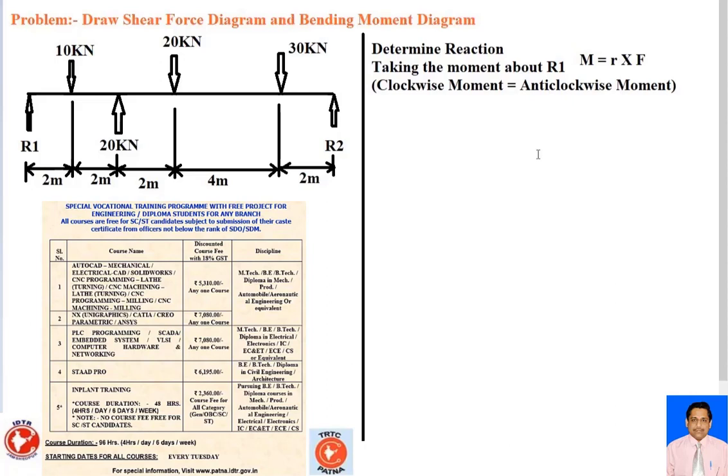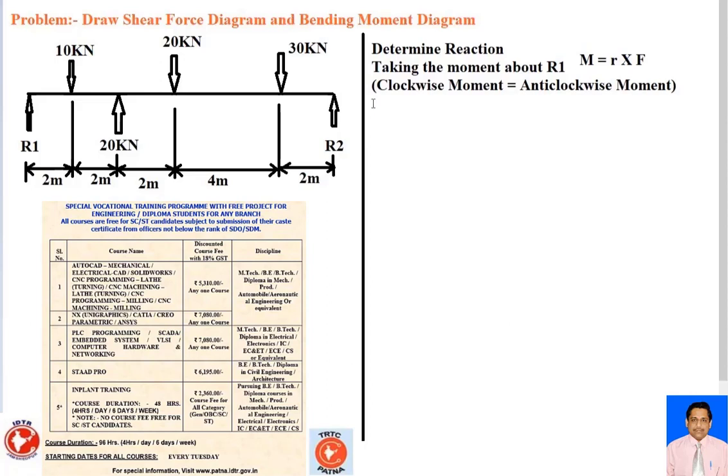Okay, so now I go to calculate the problem, how you have to calculate the value of R1 and R2. I am not explaining the direction of the moments here; I already discussed it in the previous class.